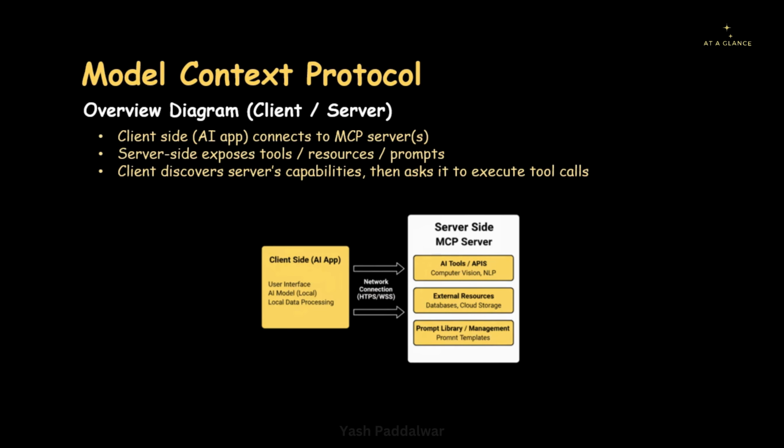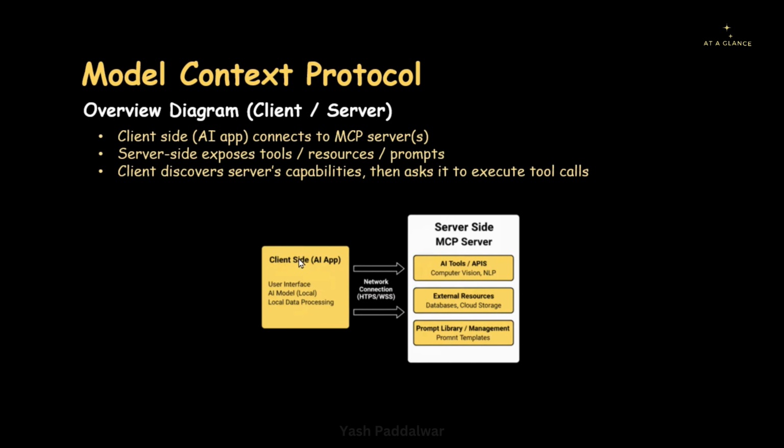For now, just understand that every single server will expose some set of tools, and those tools will then be discovered by the client based on the user query with the help of the LLM. Once those tools are discovered or identified, they will be executed and the output will be returned to the large language model.